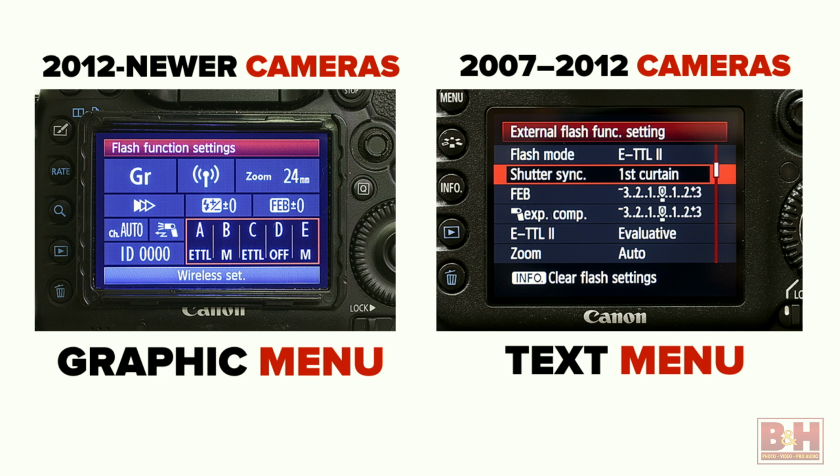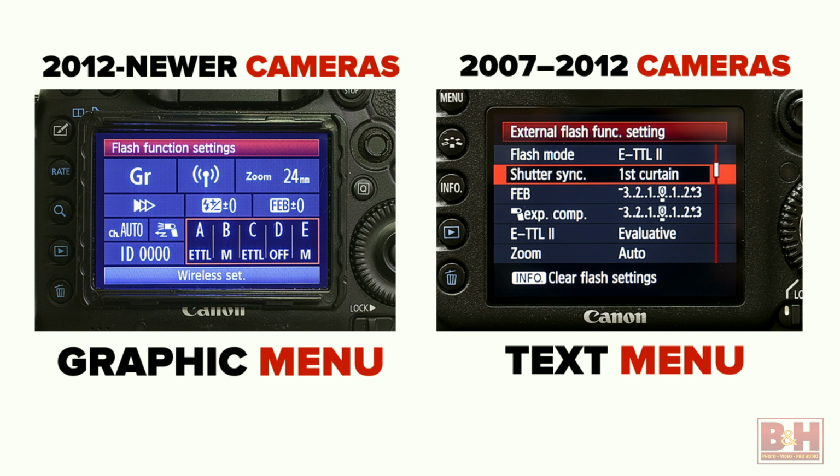The graphic menu is great because it tells me the state of the entire system. In the upper left-hand corner, it says that it's in group mode, it's set as a radio master, the zoom is 24 millimeters, it's in first curtain sync, no flash exposure compensation, on and on.